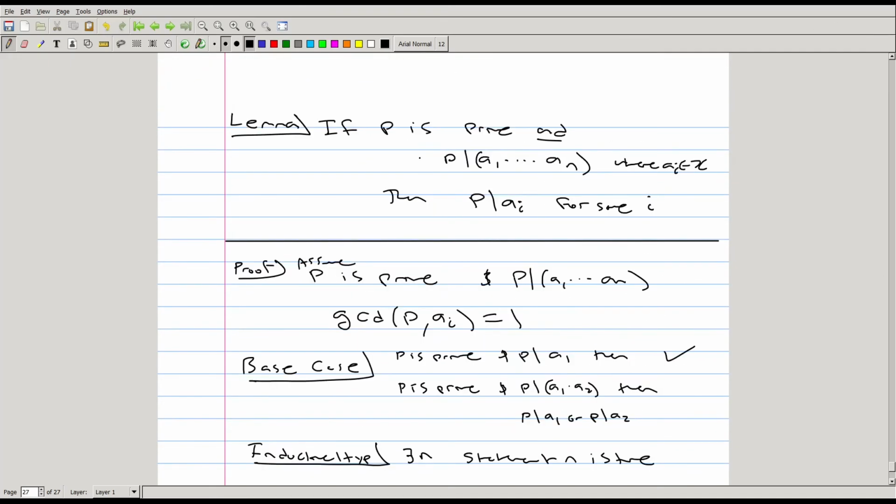But with this lemma, then, we can go through and definitively show the uniqueness of the prime factorizations that we talked about earlier in the lecture. Specifically, you can do this using a proof by contradiction.